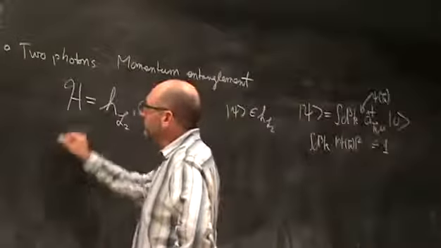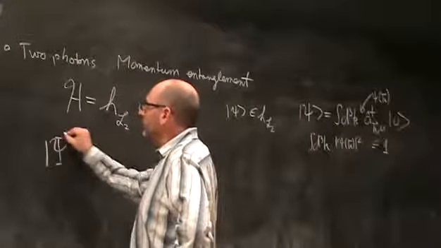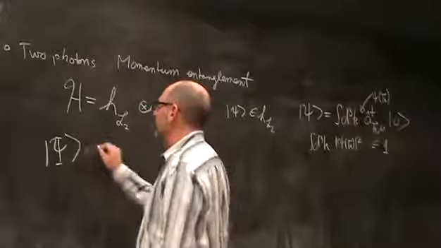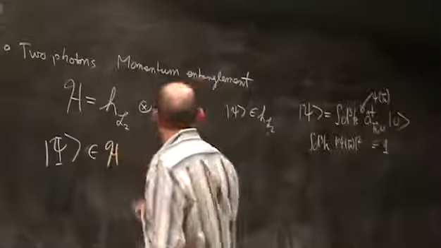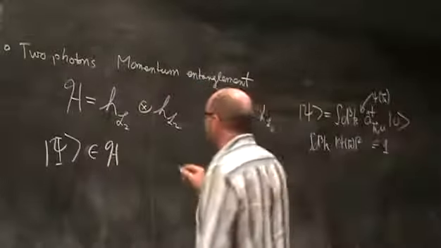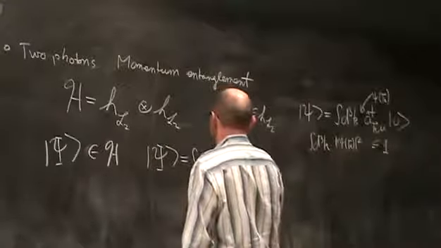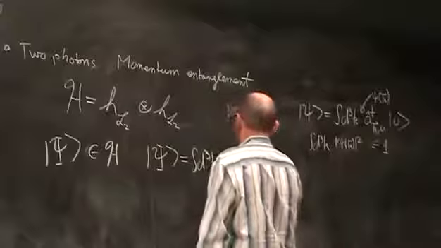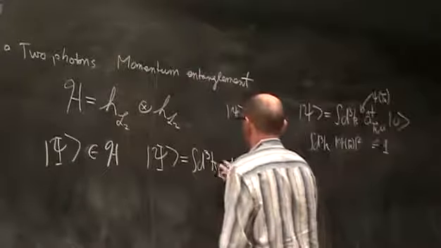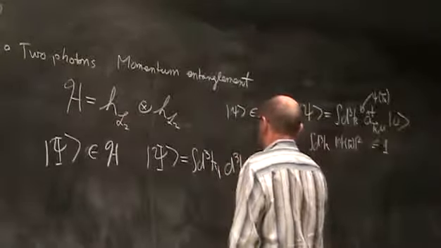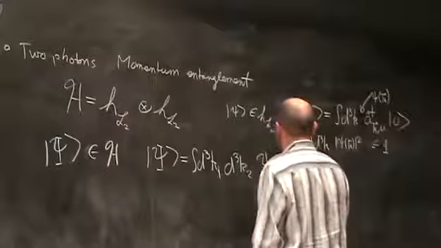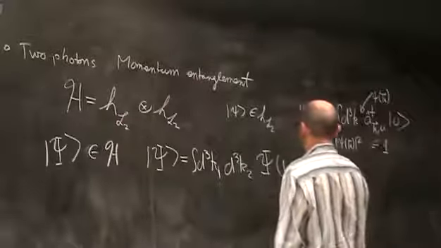And then an arbitrary state of the joint two-photon system in this Hilbert space would be of the form, well, we have two photons, and there's some two-photon wave function.